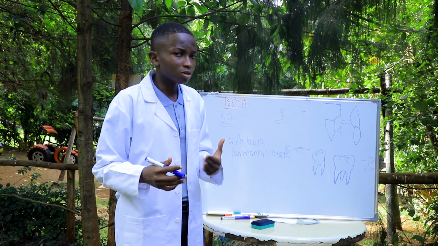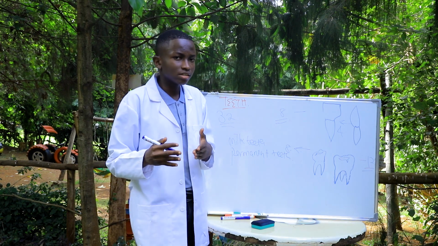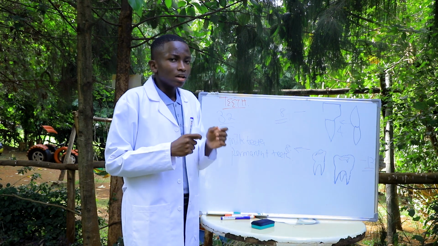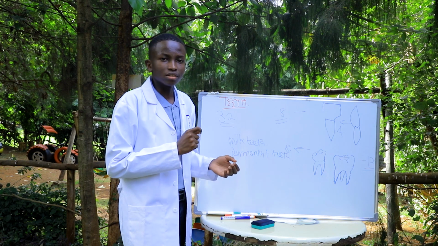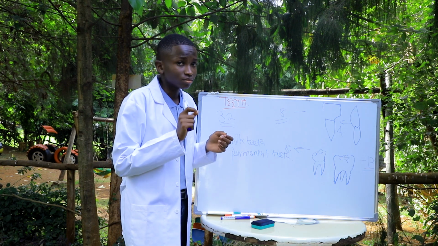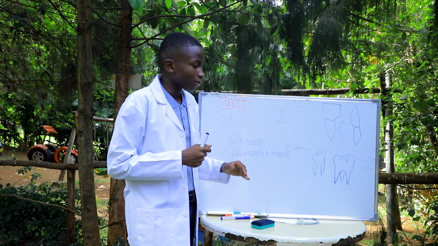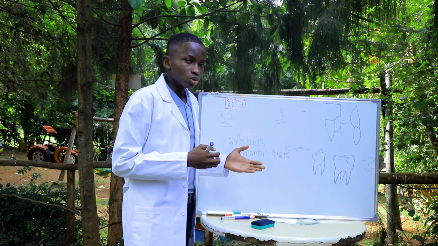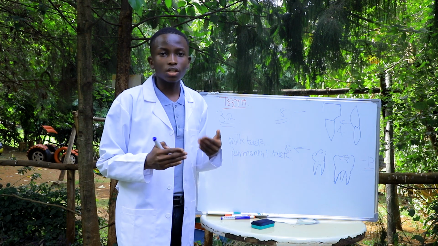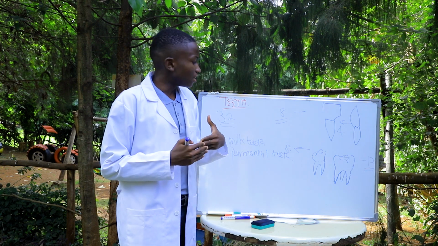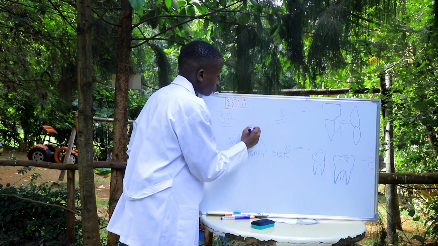You tend to find from the age of 7 and 8, kids will start having those teeth that are shaking. And the reason why they are shaking is because they want to make way for new teeth. So from the age of 4 all the way to 7, you have milk teeth, and the number of milk teeth is usually 20.